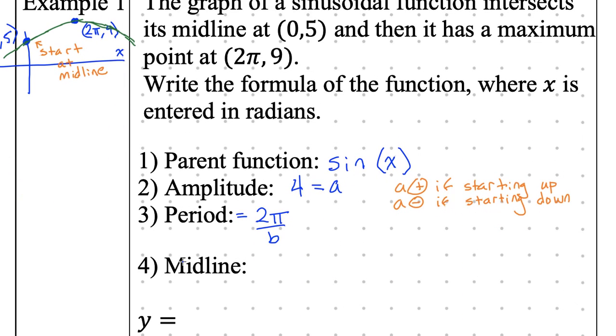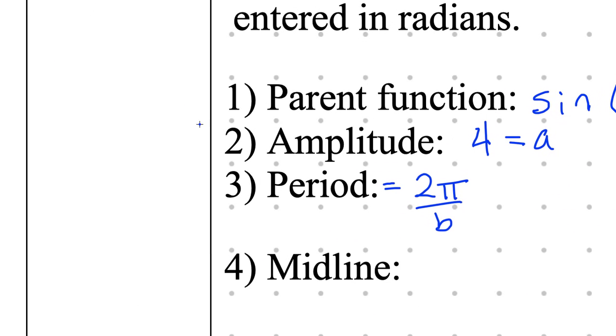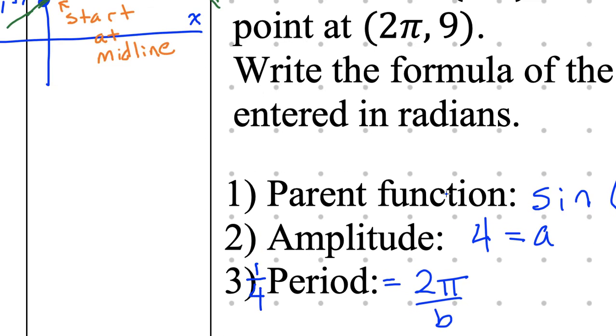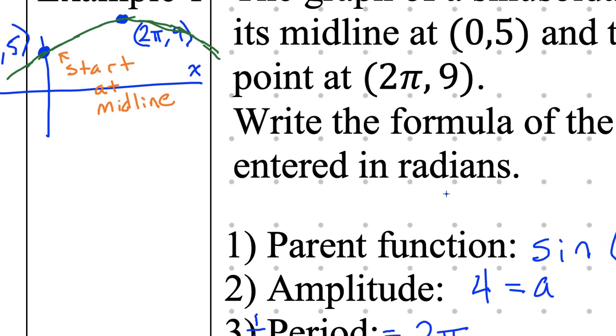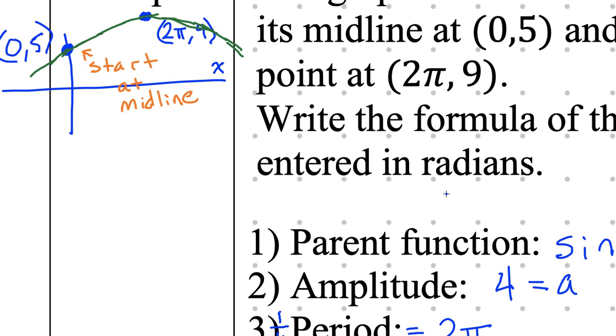So we'll make a note that we have 1/4 of the period. So we can come over here to the left and we say we have 1/4 of the period is equal to 2 pi over b. But we also know how far we've traveled in that quarter of a period. How much in the x direction have we traveled between this point and this point? What is this distance right there? How can we find that? India?